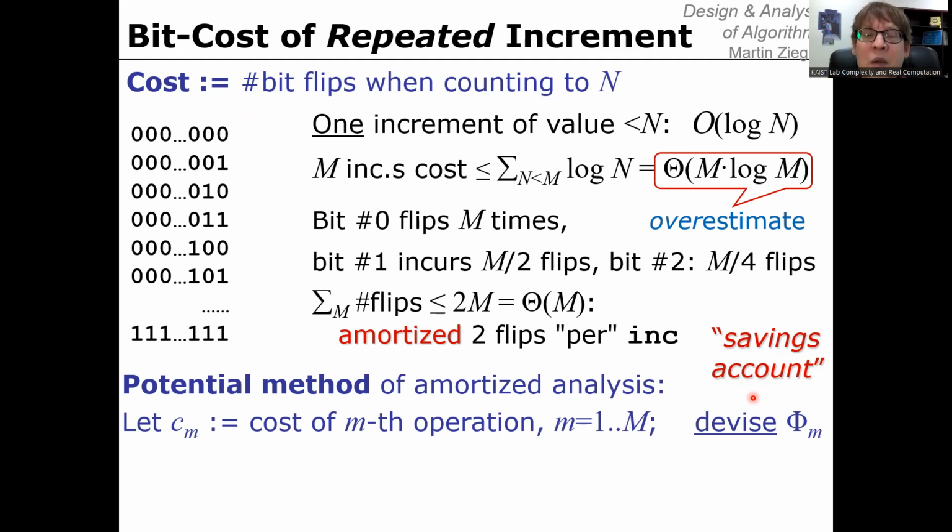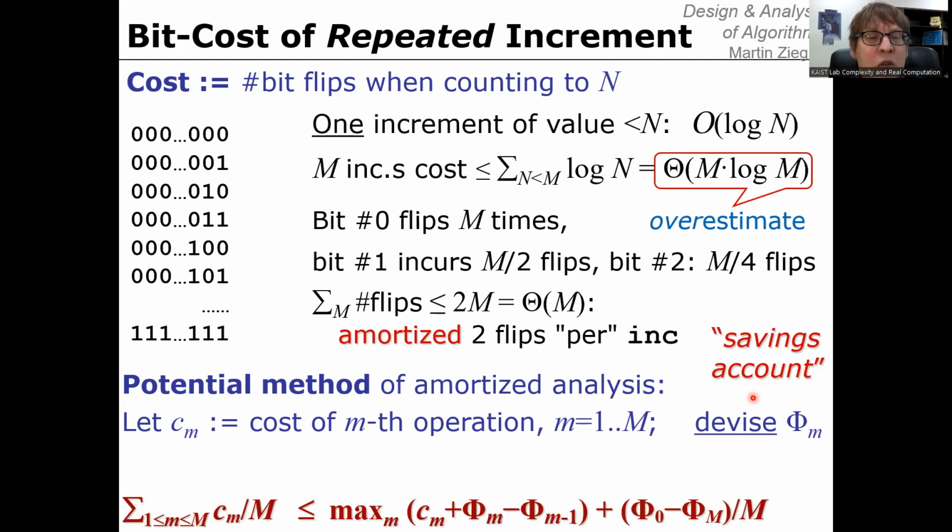And one way of looking at this mathematically is by considering this purely mathematical inequality. So the left-hand side is the amortized cost, namely the overall sum of the cost of each operation. We sum all the cost of all operations from small m up to capital M, and then we amortize that. That is, we take the average cost of the average operation, we divide by M.